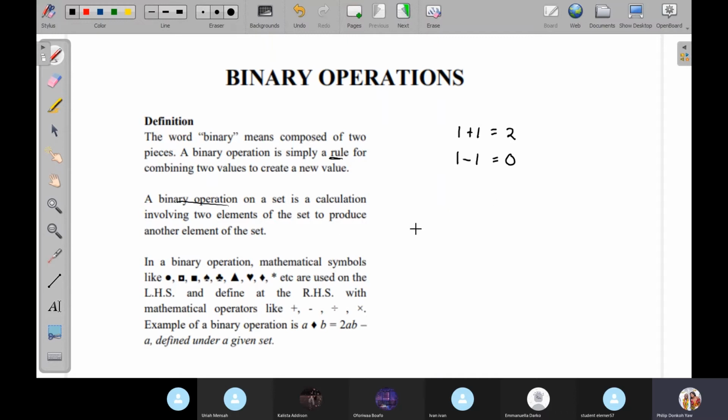So, for instance, the perfect example may be I have an element A operating, so I'm using star on B, to give me an expression which is A plus B minus AB. Now, this becomes a rule for the operational sign.